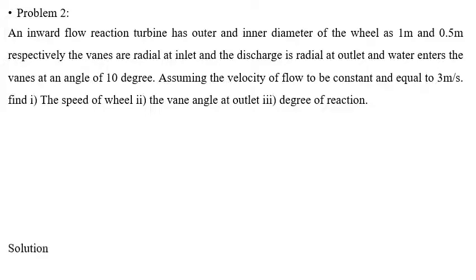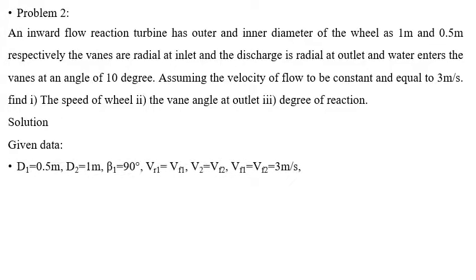Then list out the given data in the numerical. So given data here, the diameter at inlet is 0.5 meter, and diameter at outlet is 1 meter. The blade angle is equal to 90 degree.